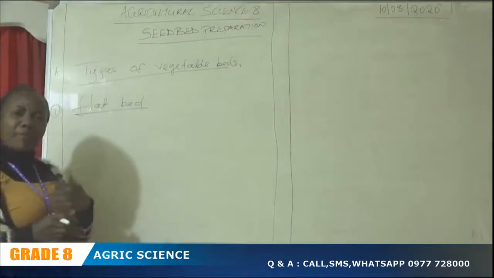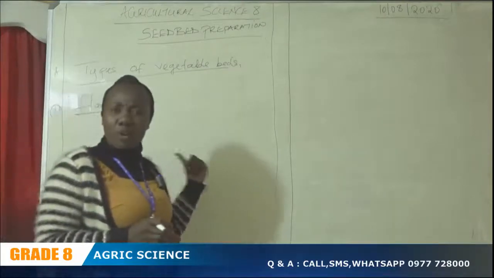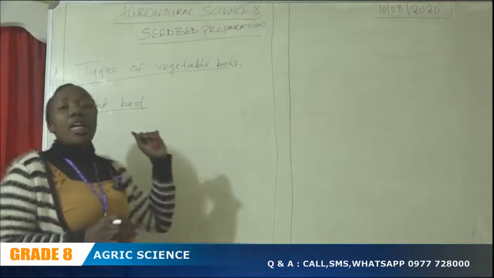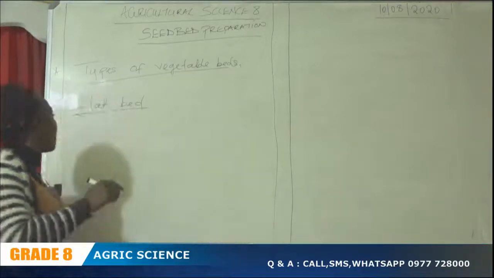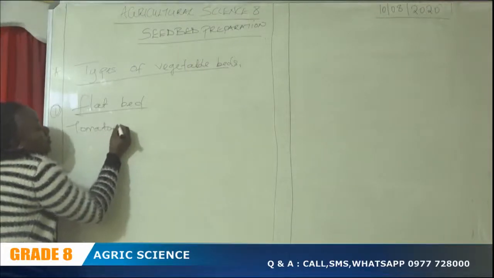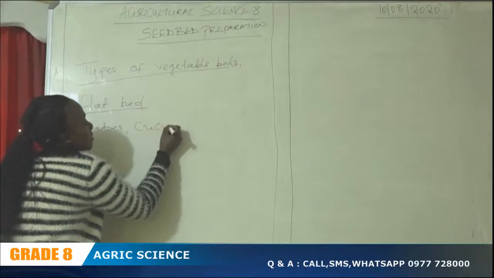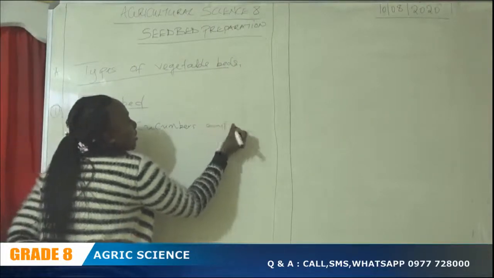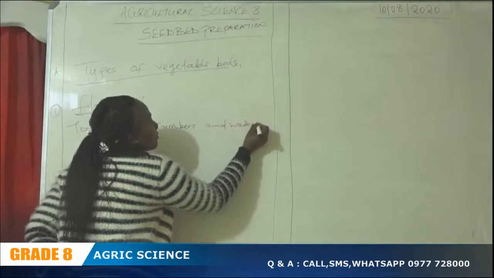Give me examples of crops that are grown under the flat bed. Okay, so the types of crops that are grown in these flat beds, we have tomatoes, cucumbers, and watermelon.